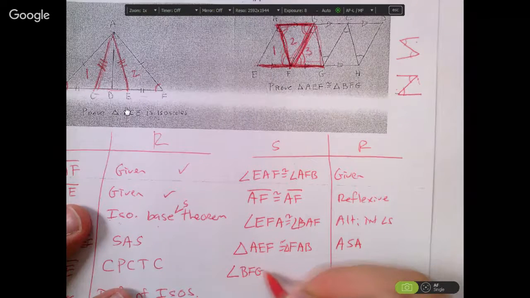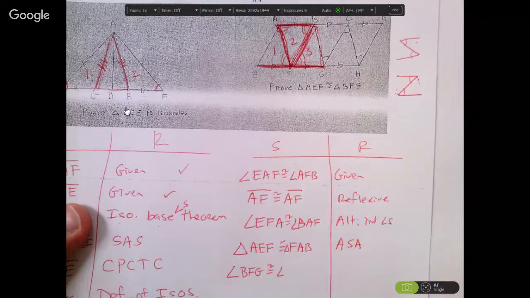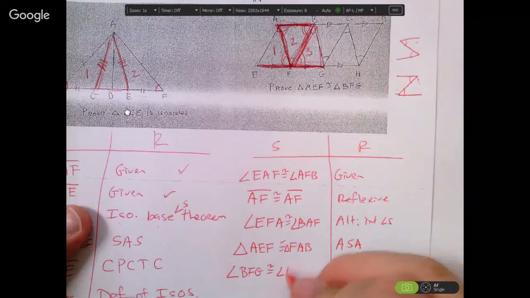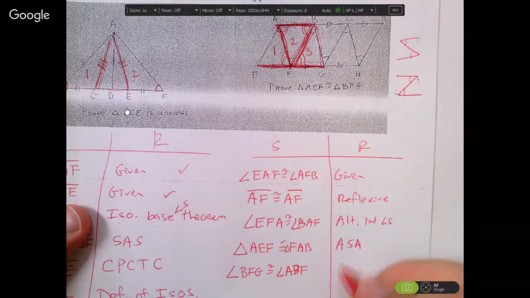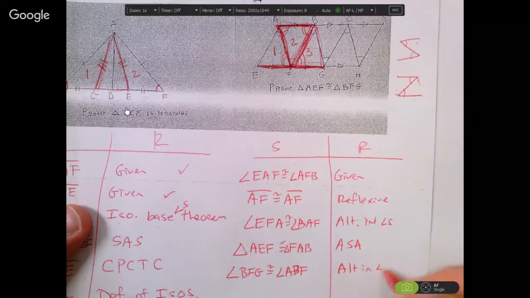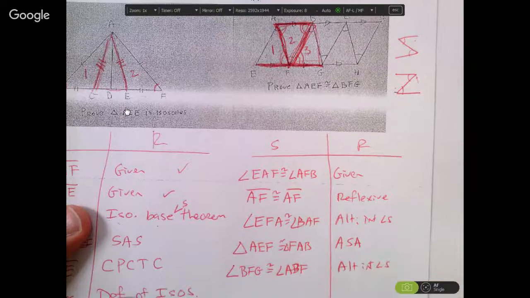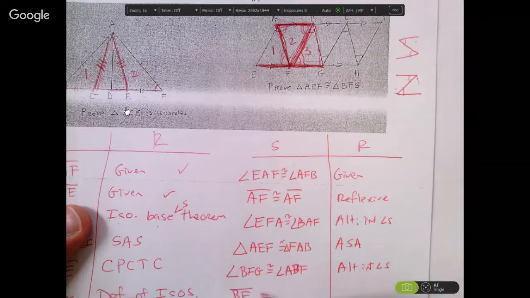BFG is congruent to ABF, and that's alternate interior angles. And we know that they both share the side BF, from F to B to F, and that's reflexive.